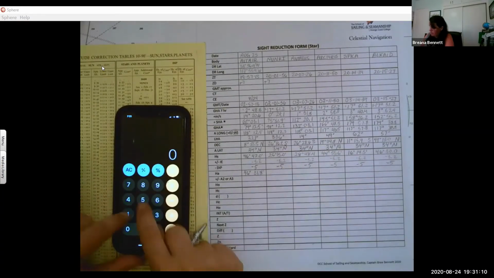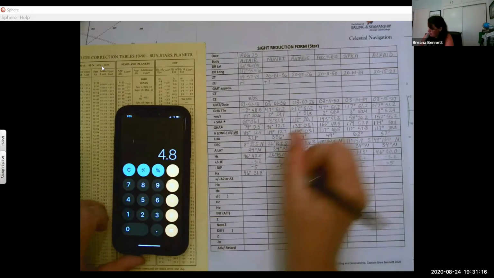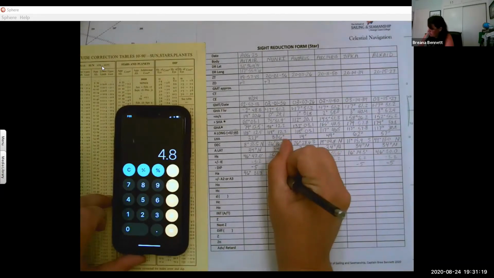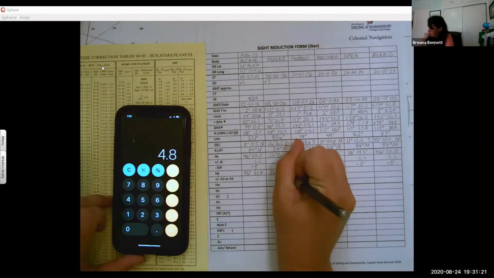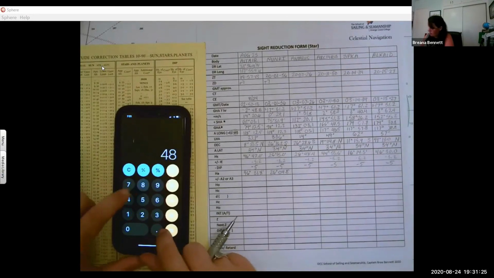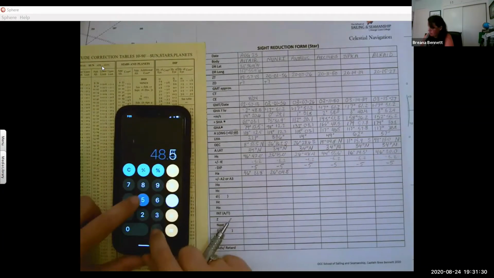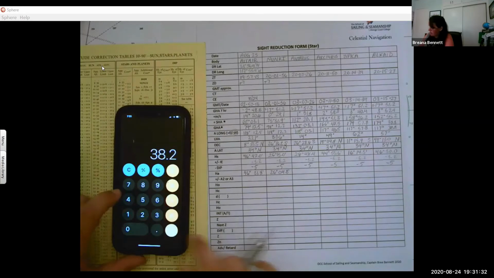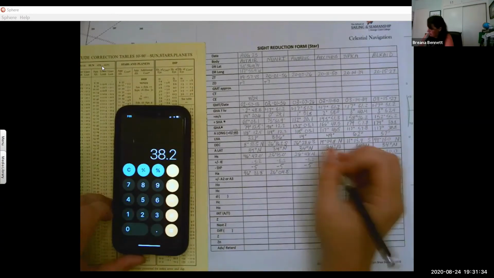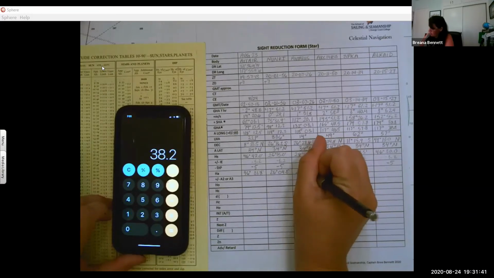We have 15 minus 5.2 minus 5 gives us 26 degrees, 04.8. 48.4 minus 5.2 minus 5. Should just make this minus 10.2. 38.2. 28 degrees.